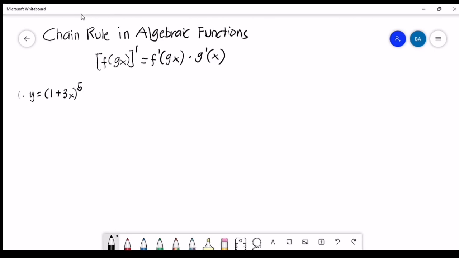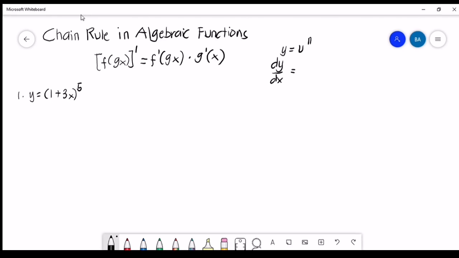Again, let us review that in the power rule, if our y is equal to u raised to n, automatically our derivative with respect to x is n u raised to n minus 1 times the derivative of u with respect to x. Okay, so this is under the power rule.